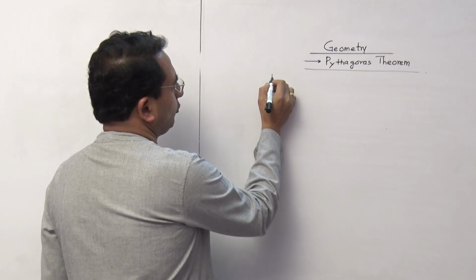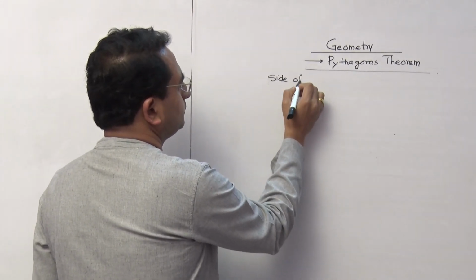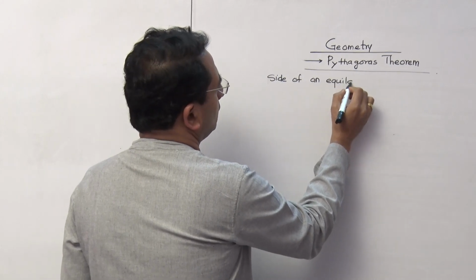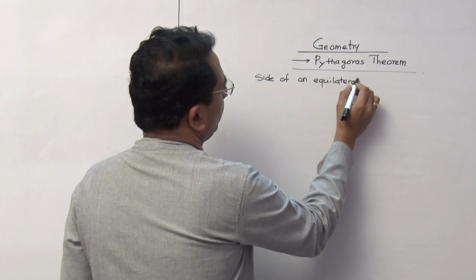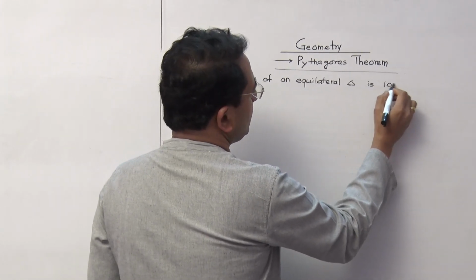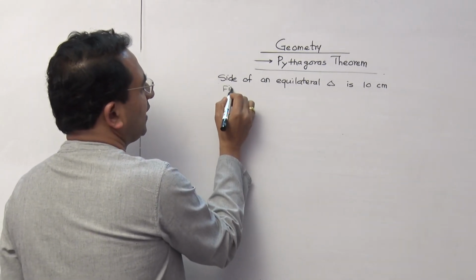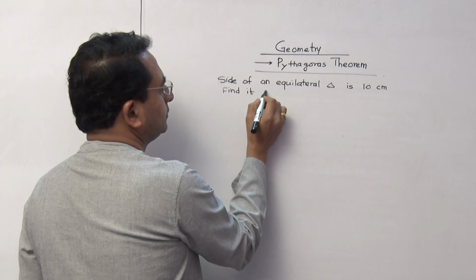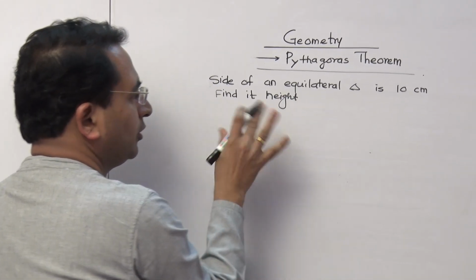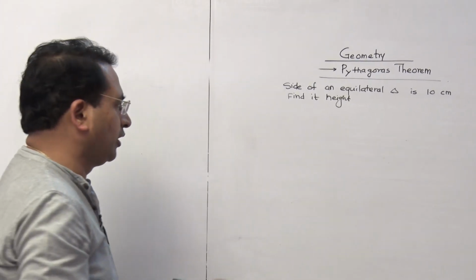See, there is one more question. Side of an equilateral triangle is 10 centimeters. Then find its height. This is also discussed in the textbook by drawing a diagram.